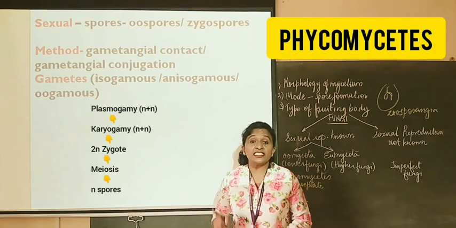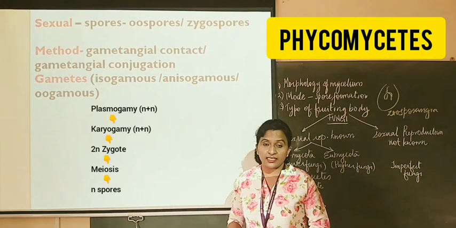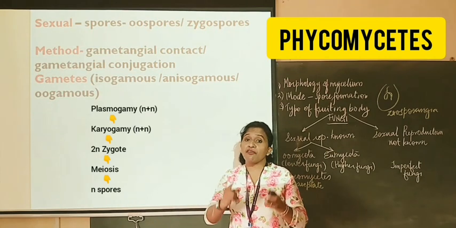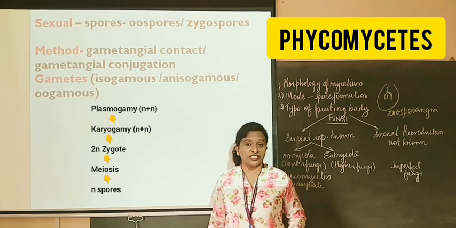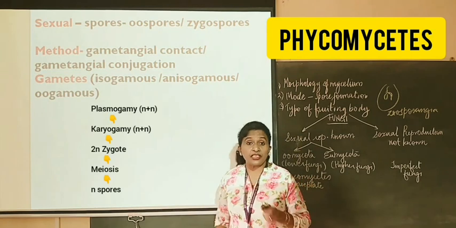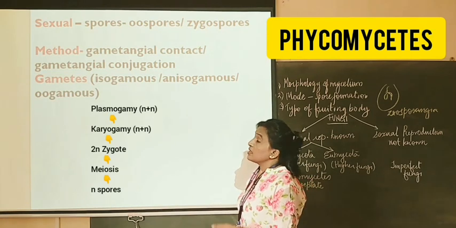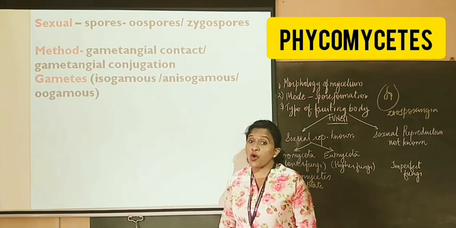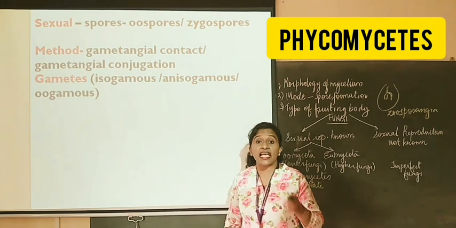And the gametes involved here can be motile or non-motile. Most of the species will follow this plasmogamy, karyogamy and meiotic division. Okay, so that we should remember when we are speaking about the sexual mode of reproduction. So here the sexual spores that are formed are called oospores and zygospores.